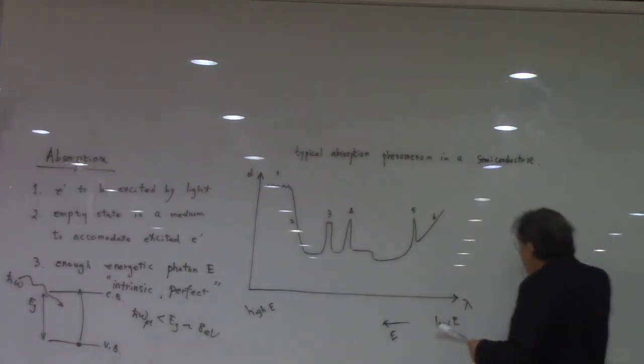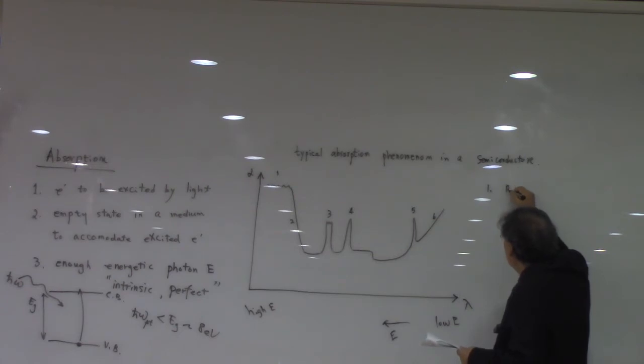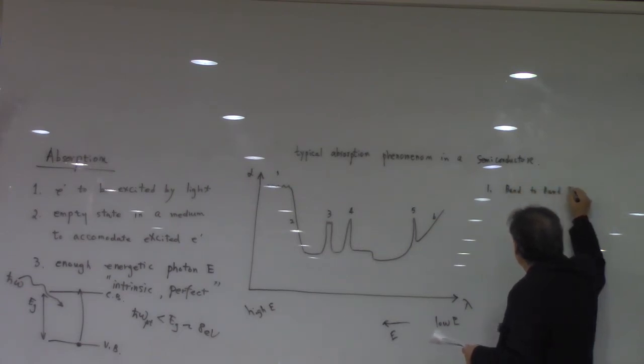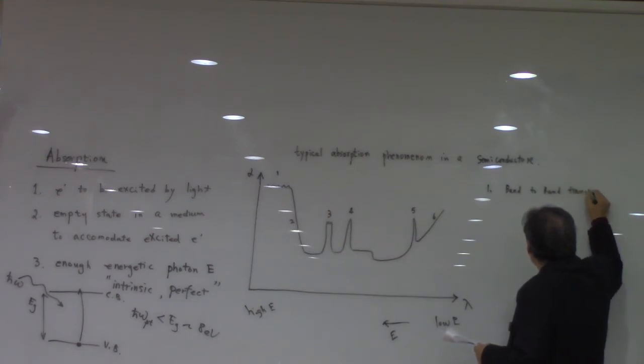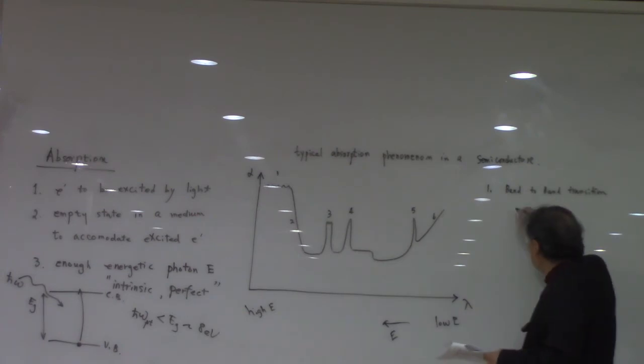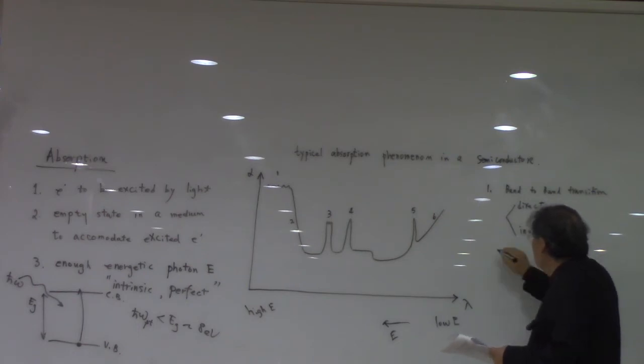Okay. Number one is band to band transition. And in this band to band transition, we have two things. One is a direct transition, and the other is indirect transition.